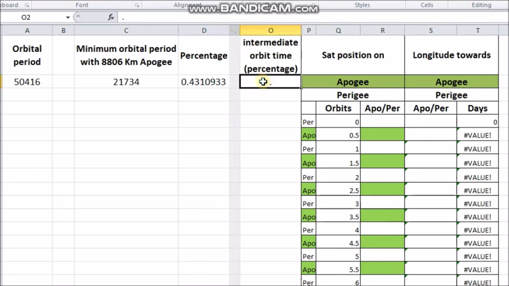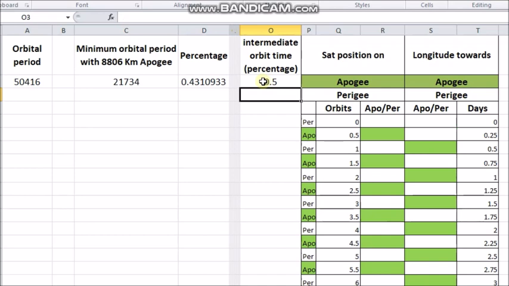I put, let's say, 0.5, and we get some green colors here. This means that the longitude at this time is facing the apogee of the intermediate orbit, but the craft itself is at perigee, so they don't match.